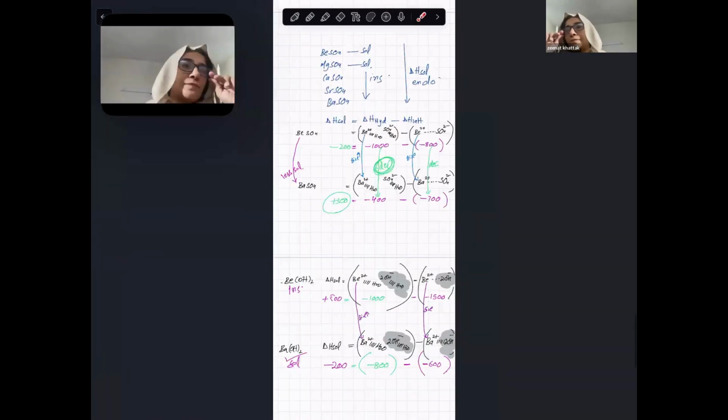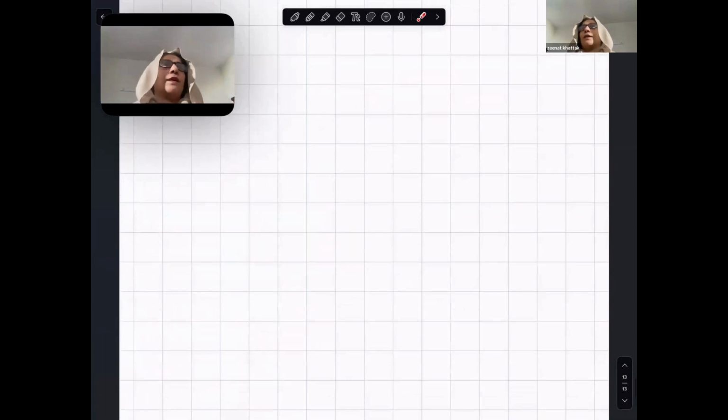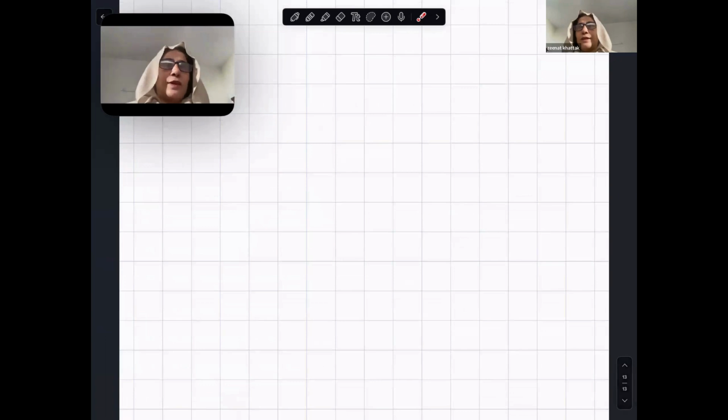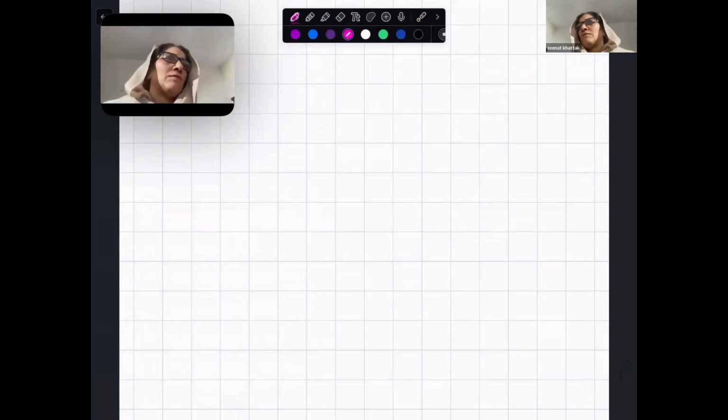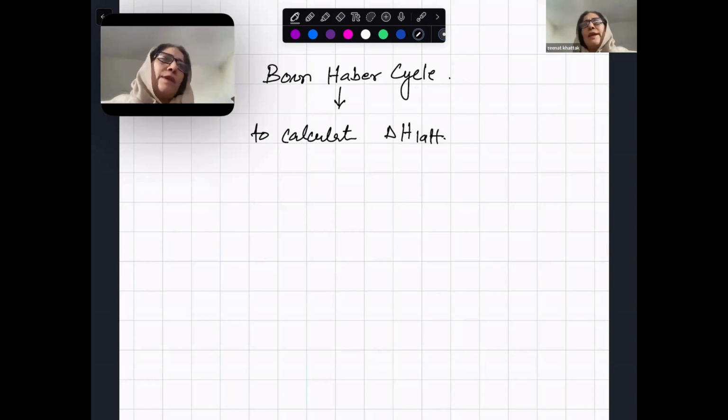See, I have to explain the Born-Haber cycle. You know what the Born-Haber cycle is? It is used primarily to calculate delta H lattice.